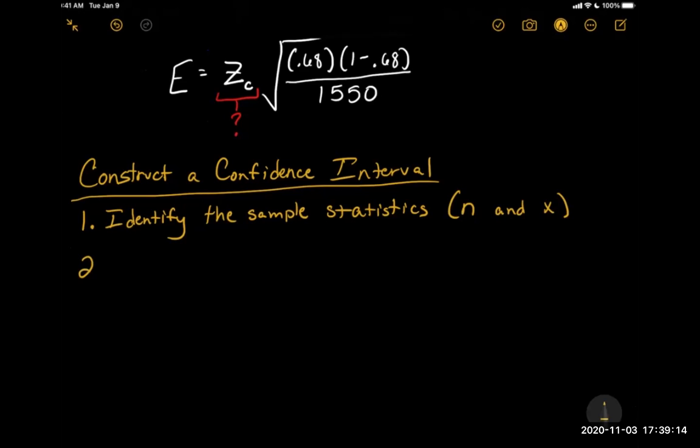Step number 2 is to find the point estimate. That is P hat, and you find it by doing X over N.